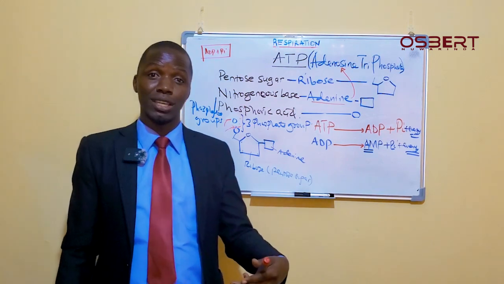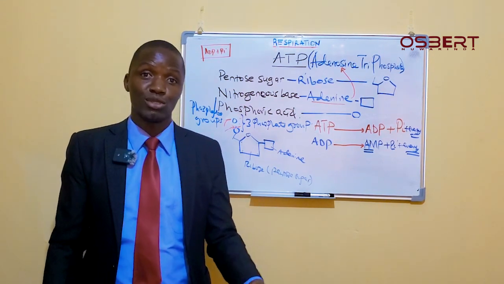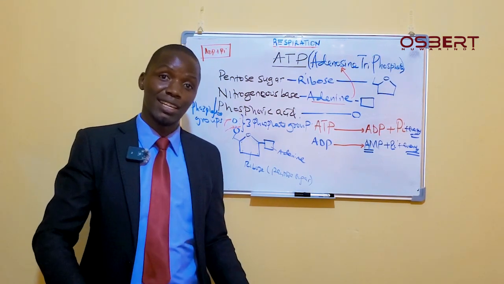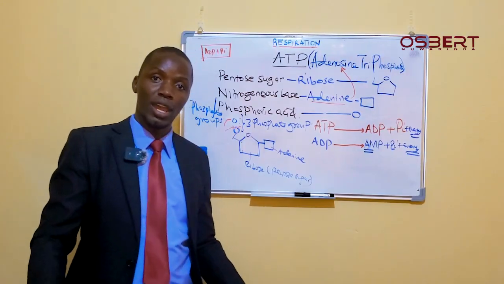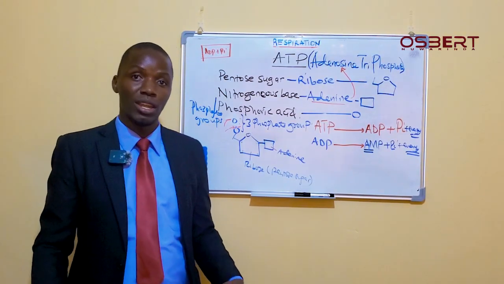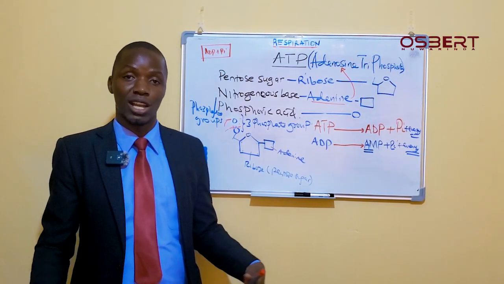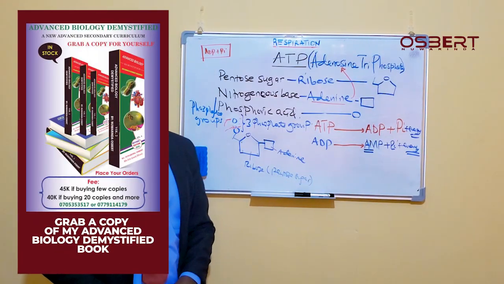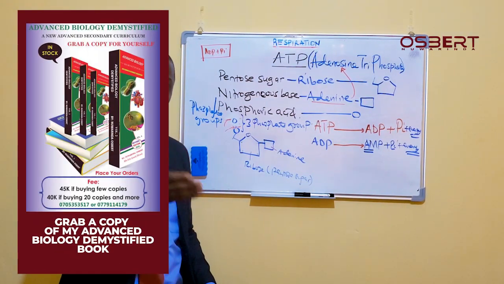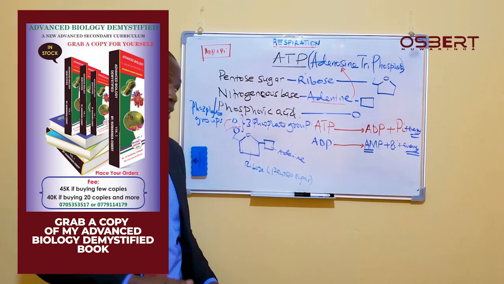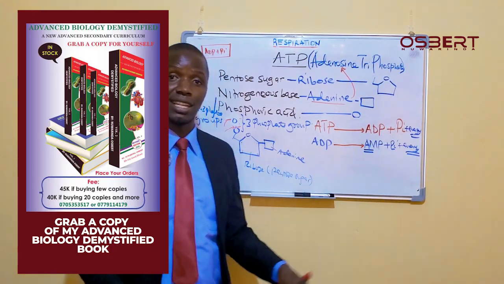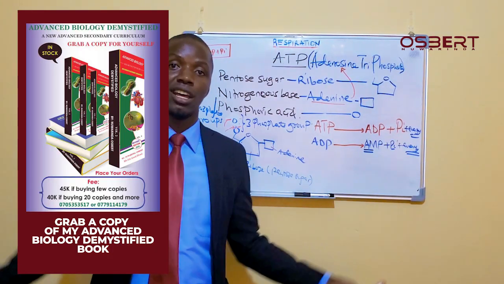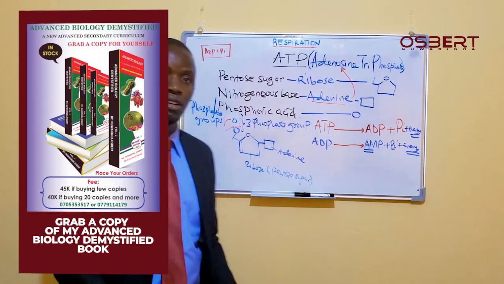That's how ATP helps the body to store energy, and that energy then becomes used later when there is need, or when the other sources of energy have been exhausted. That's how ATP is utilized, by breaking down, and as it breaks down, energy is released, which can later be utilized to perform different functions.